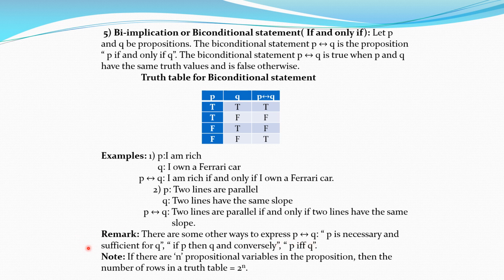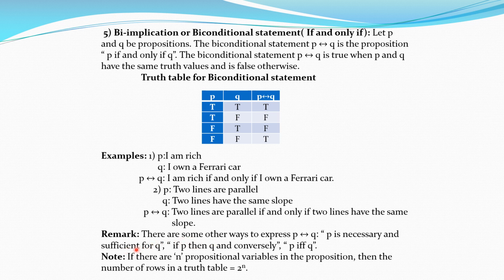So instead of using the word if and only if, it can be written as P is necessary and sufficient for Q. This is very important part, because if the word if and only if is missing, then students get confused. What is this logical connective used? So you have to remember this part, that necessary and sufficient is same as double implication or biimplication.